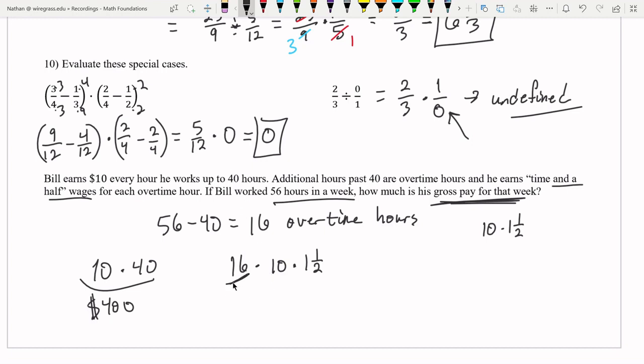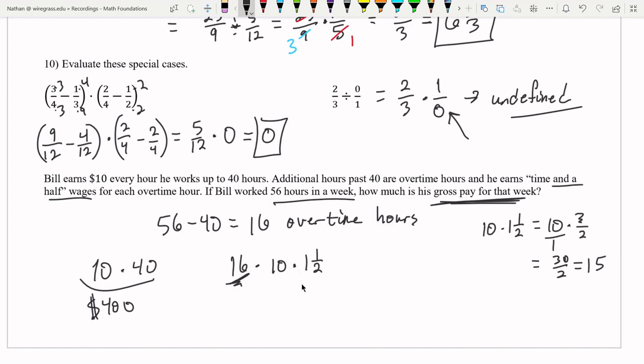Now for the next 16 hours, he's not going to make $10. He's going to actually make 10 times 1.5. 2 times 1 is 2, plus 1 is 3. Going straight across gives us 30 over 2, which is 15. He makes $15 for every overtime hour that he works.